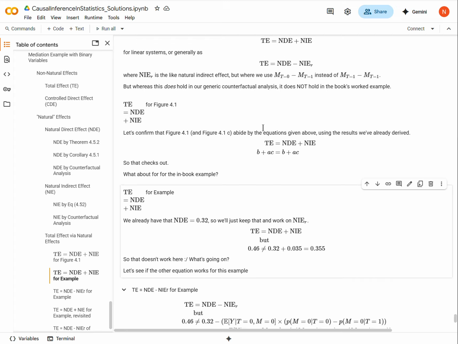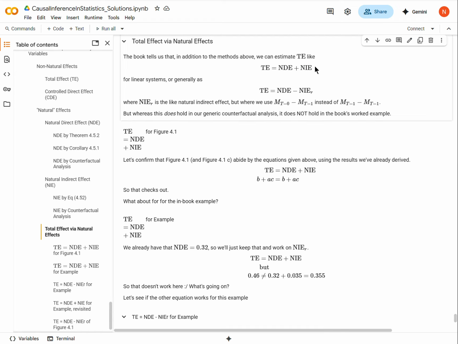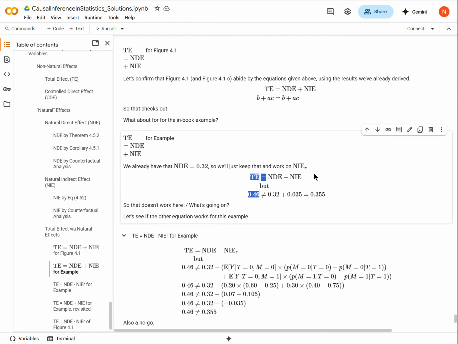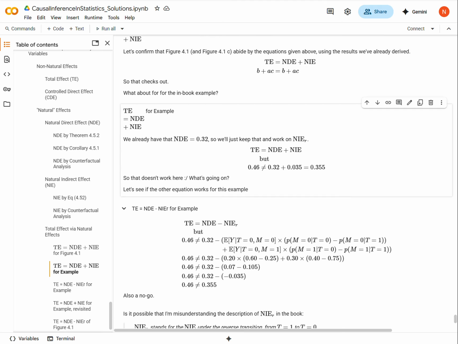So this is the first expression for a linear system, and we notice that this doesn't work. 0.46 does not equal 0.32 plus 0.035.